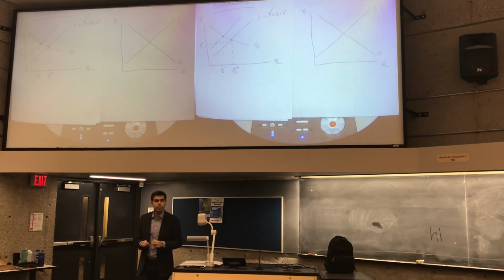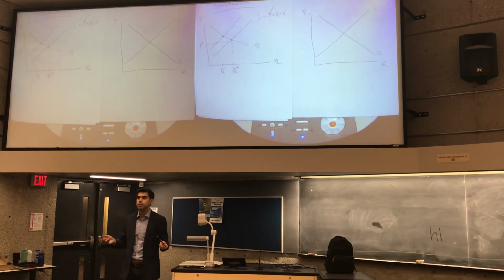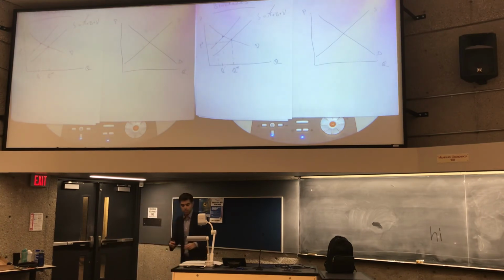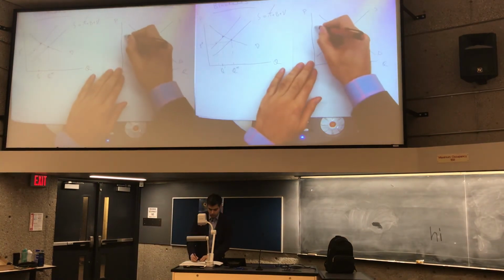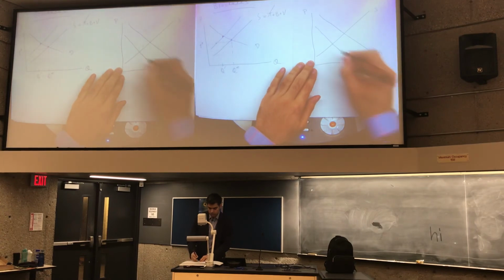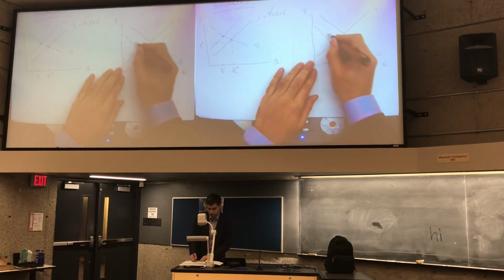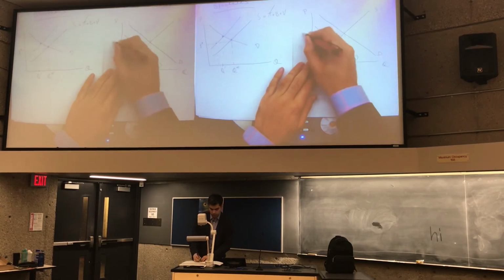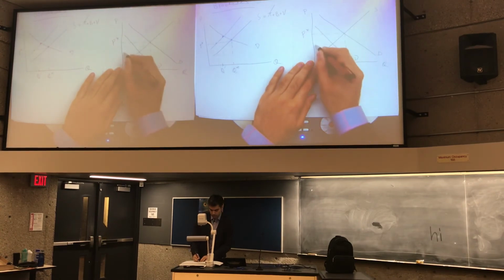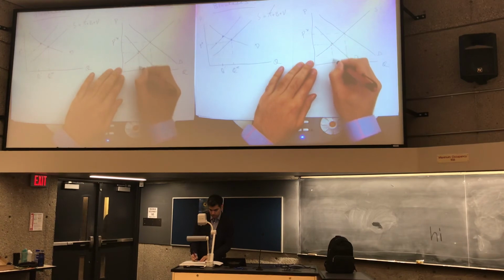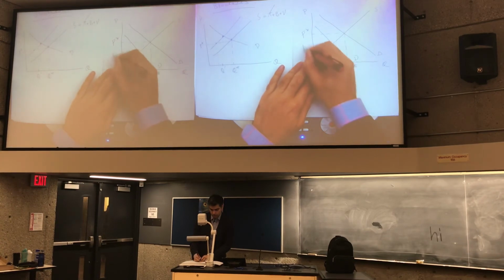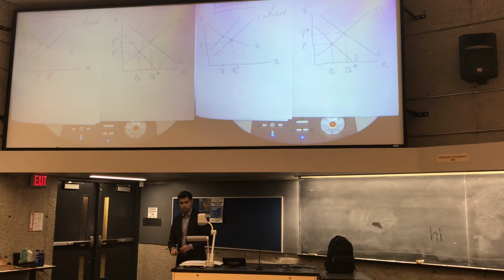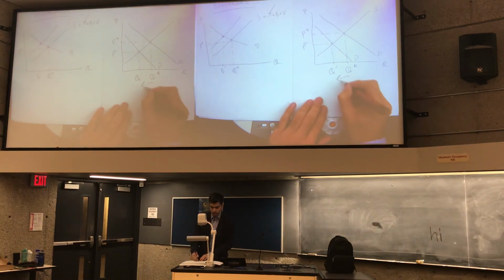You're buying fewer fossil fuels at the same price. It's going to shift in. This was the original quantity and price, and now you've got a new quantity and price. Quantity went in, price went down.